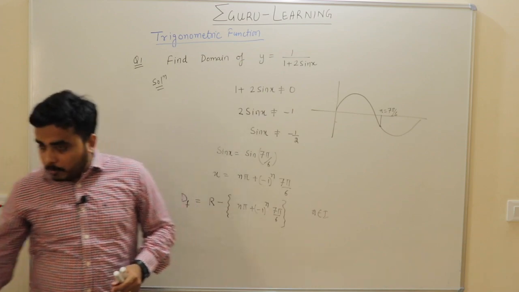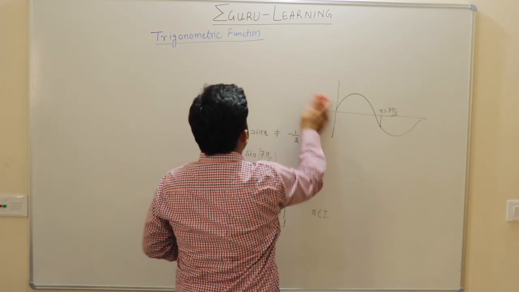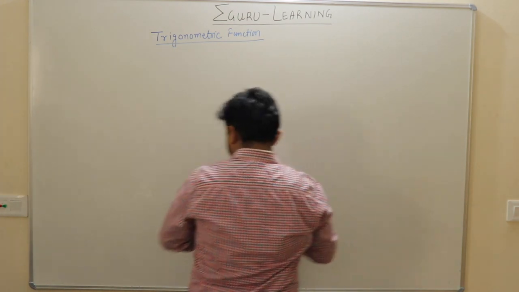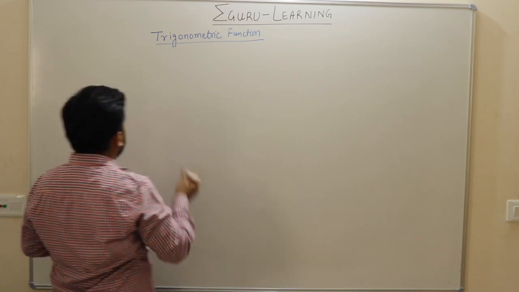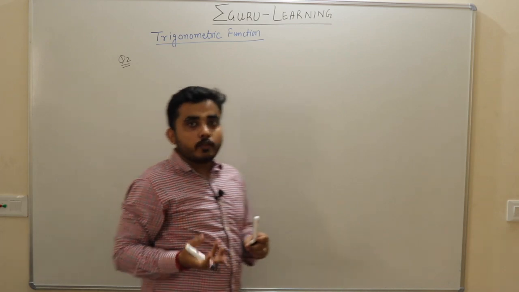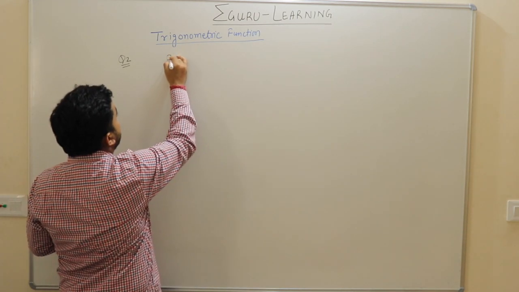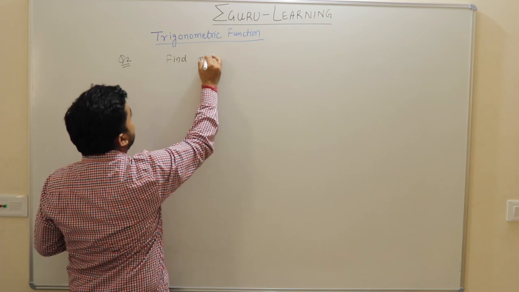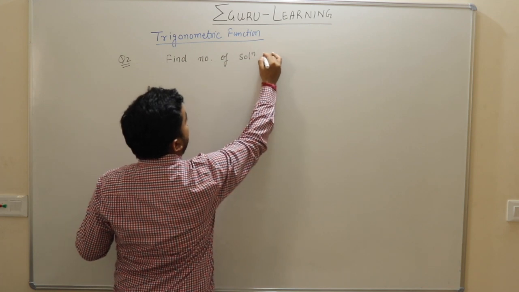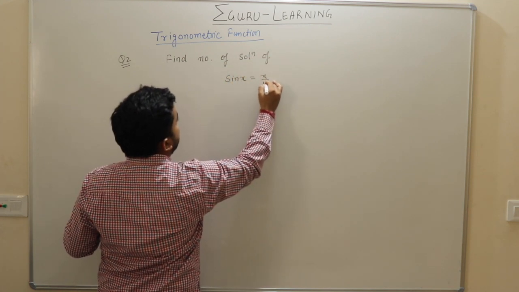Now let us talk about question number 2. The question on the screen is to find the number of solutions of the equation sin x equals x by 10.